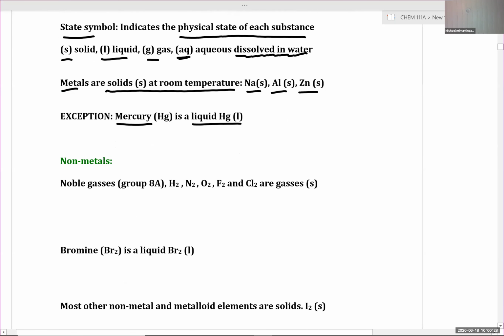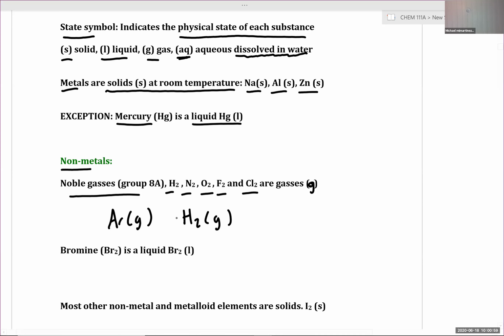So for your nonmetals, your noble gases, and then hydrogen, nitrogen, oxygen, fluorine, and chlorine are gases. So they get a G symbol. So for example, for another noble gas, we'd have argon, and argon would get a gas symbol. If we were writing out a complete formula for hydrogen, we'd put a gas symbol to indicate that hydrogen is a gas at room temperature.